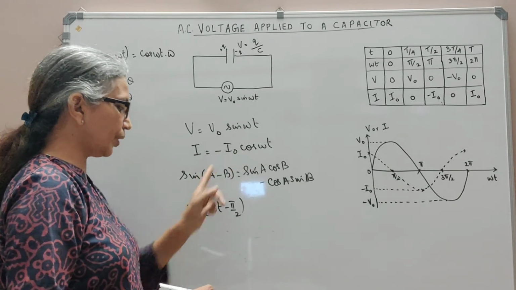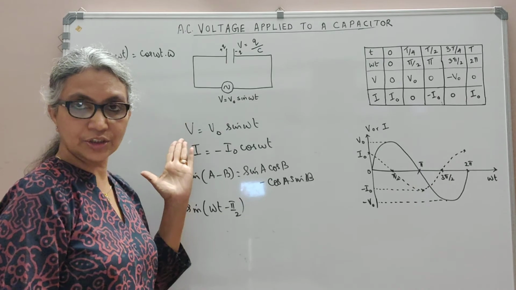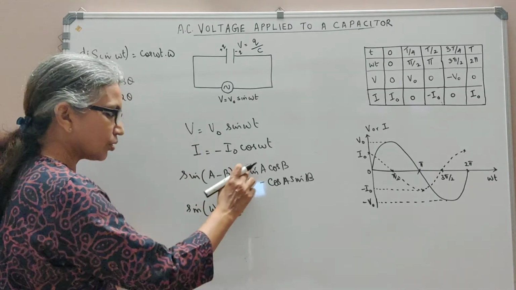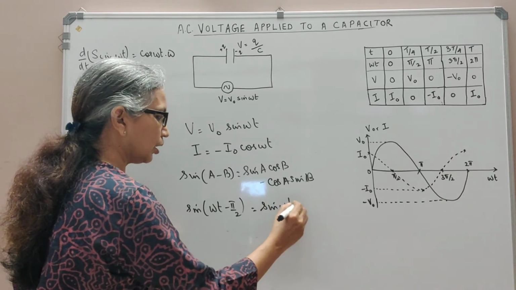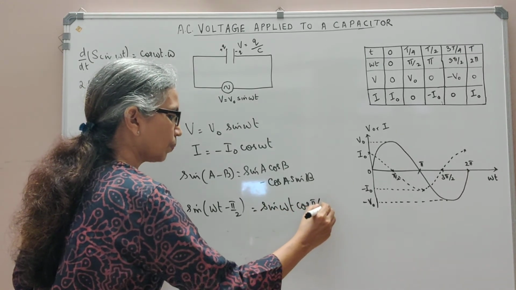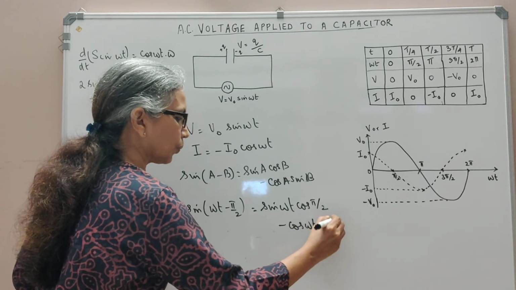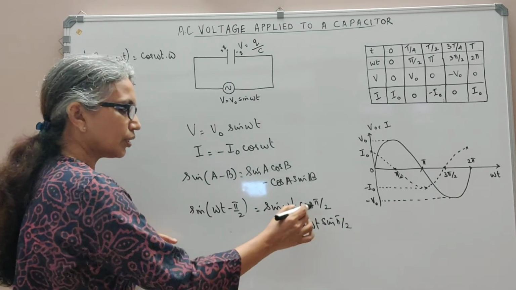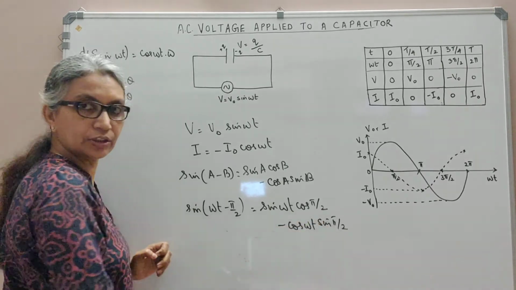We took minus cos omega t and wrote it as sine omega t minus pi by 2 in the previous session, inductor circuit. If I use this identity, this will be sine omega t cos pi by 2 minus cos omega t sine pi by 2. Now cos pi by 2 is 0 and sine pi by 2 is 1.